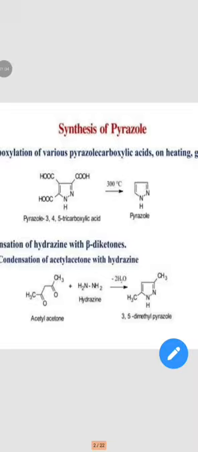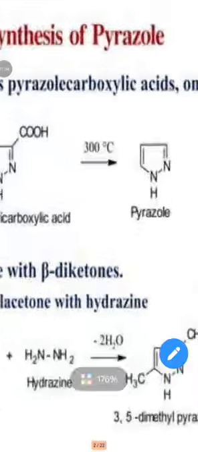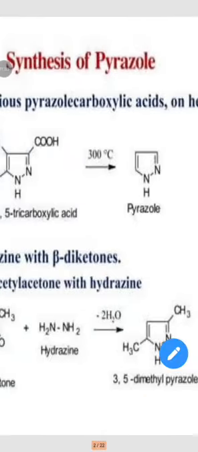First of all, pyrazole 3,4,5-tricarboxylic acid, with a COOH group at the third, fourth, and fifth positions. These three acid groups are present. So pyrazole 3,4,5-tricarboxylic acid is heated at 300 degrees Celsius to form pyrazole.